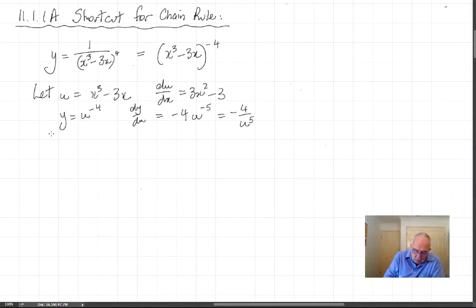Okay, so then we quote the chain rule, dy dx is equal to dy du times du dx. That's just quoting the rule. And dy du is negative 4 over u to the power of 5 times du dx, and once again we probably should put this in brackets, 3x squared minus 3.